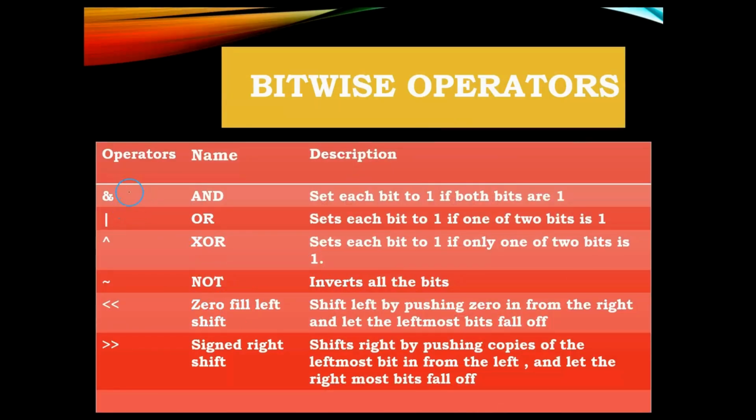We have operators like AND, OR, XOR, NOT, zero fill left shift and signed right shift. So what do these bitwise operators do? They work on bits. You know what bits are: bits are nothing but zeros and ones.